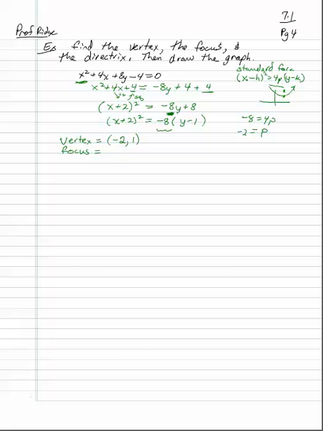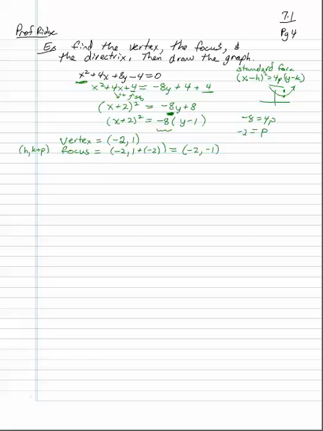So it's going to be (h, k + p). That gets me (-2, 1 + (-2)). I drew my picture opening up, but it opens down, so that's going to be (-2, -1).